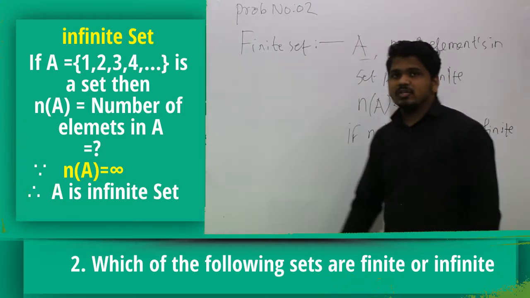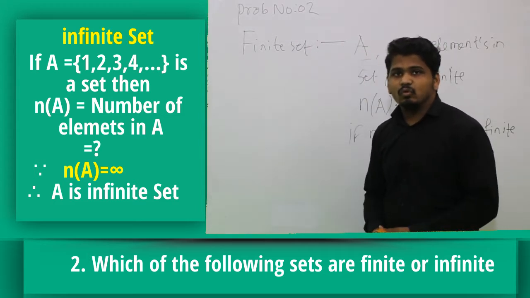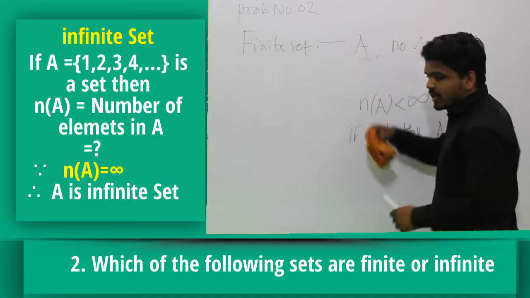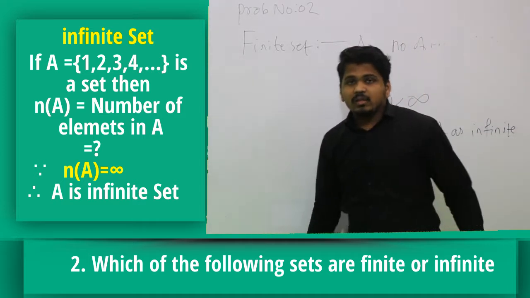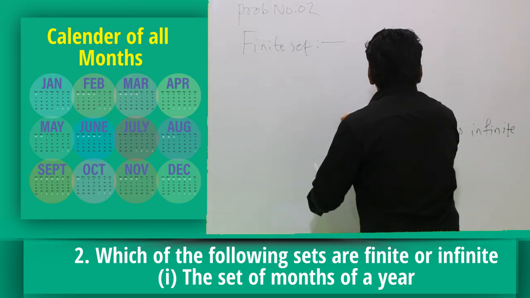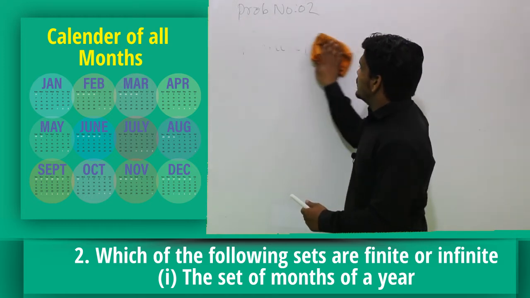Okay, now this is the definition of finite and infinite sets. Using this we will find the solutions of question number 2. What question number 2 says, you can see on your screen: the set of months of the year. You know how many months are there in your year.